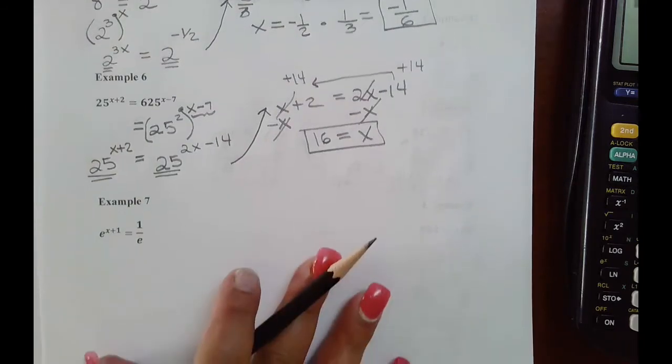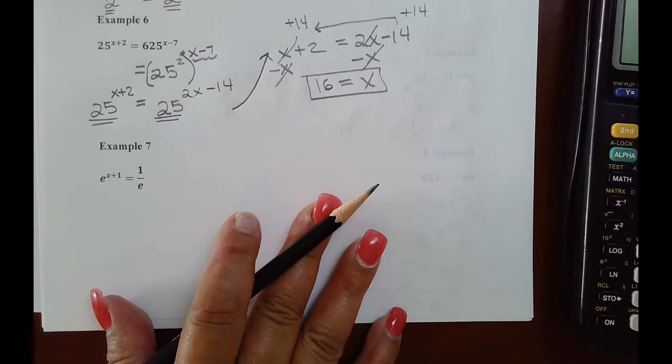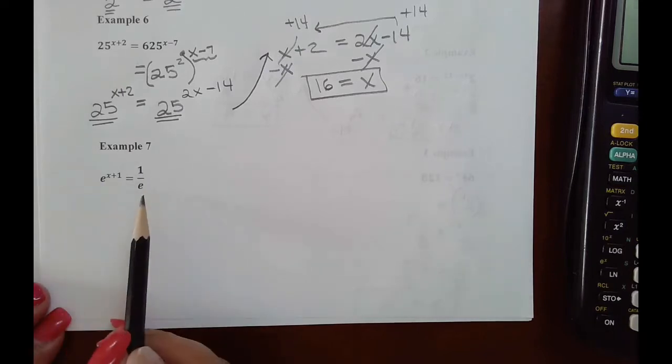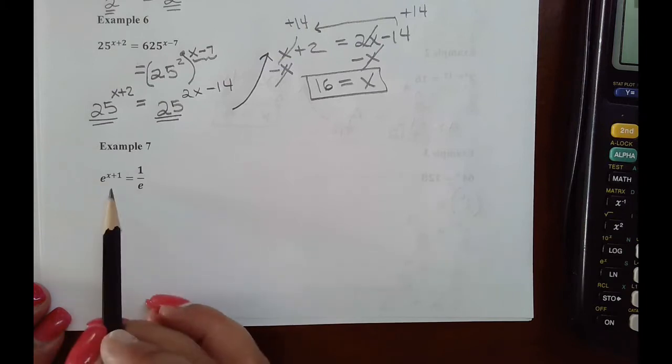Okay, moving to example 7, the last of our group of problems where we are working on getting each expression rewritten using the same base. Okay, this is in a base of e, therefore we want this to be base of e to an exponent, just like this is.